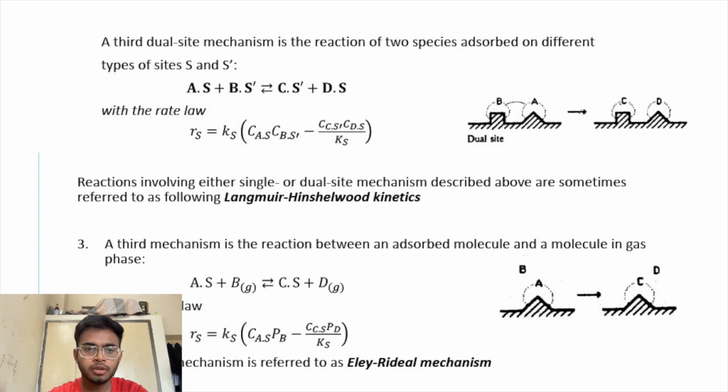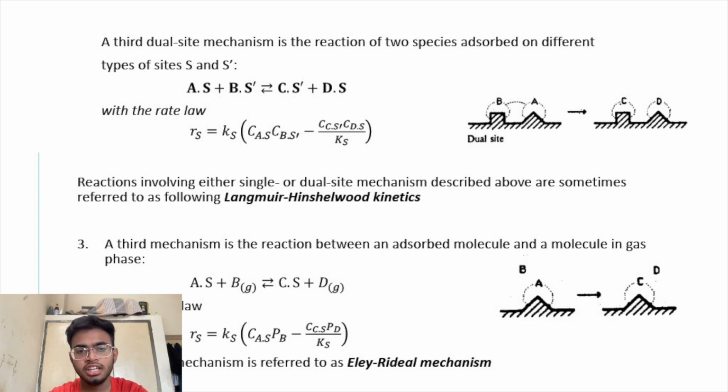And the third dual site mechanism is as follows: the reaction of two species adsorbed on different sites S and S prime. So the rate law becomes: rate of reaction of S is equal to the rate constant S times the concentration of A into the concentration of B, minus the concentration of C into the concentration of D, upon the rate constant S.